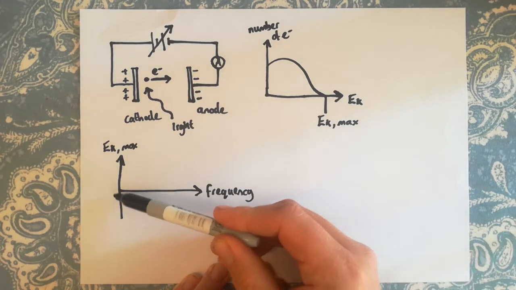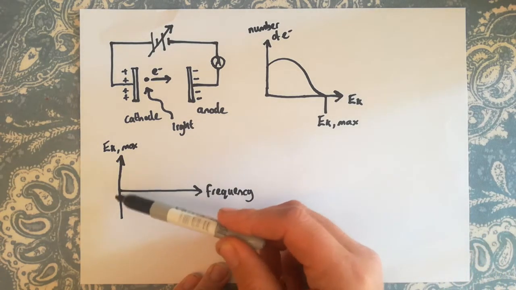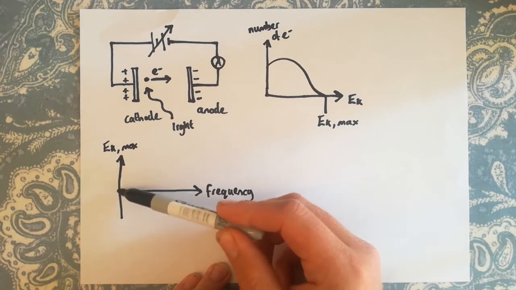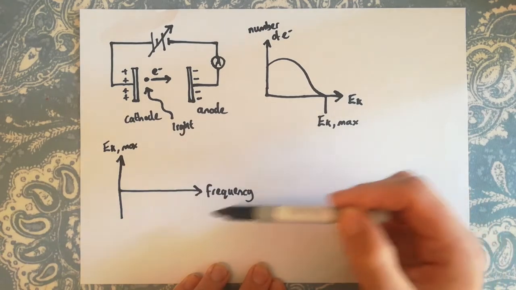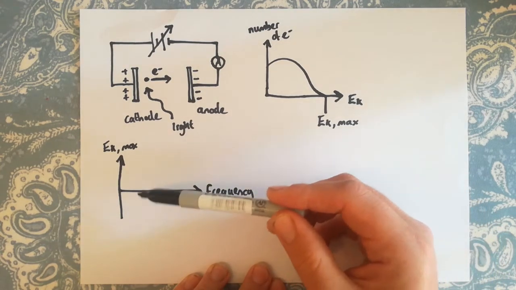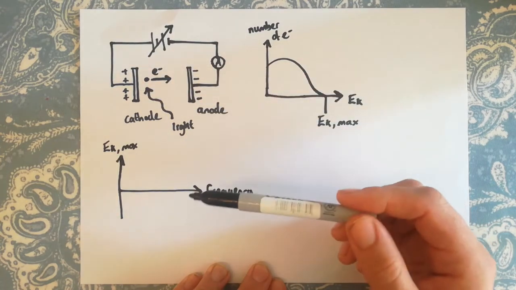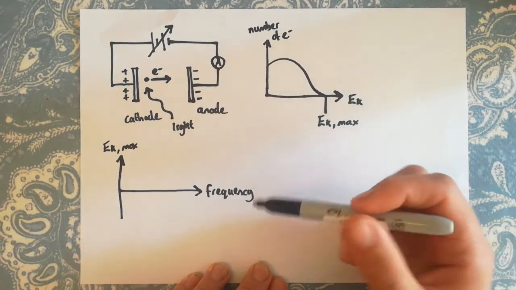Now, if we do this, we start at some quite low frequency. Obviously, this wouldn't be 0, but some quite low frequency light. What we see initially is that for low frequencies, we don't get any electrons emitted. There is no photo emission.